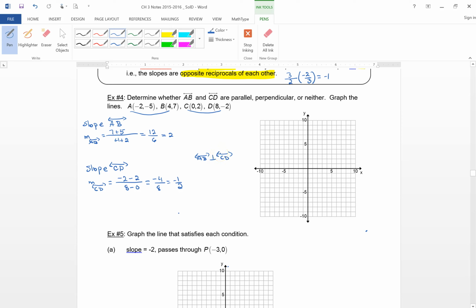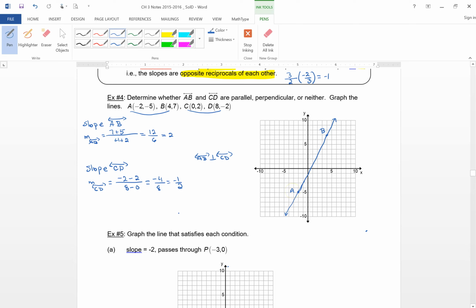Okay, so let's graph them. A is at -2, -5. B is at 4, 7. When we graph these, I hear some of you using a ruler, which is exactly what you should be doing on the test, on the homework, okay?